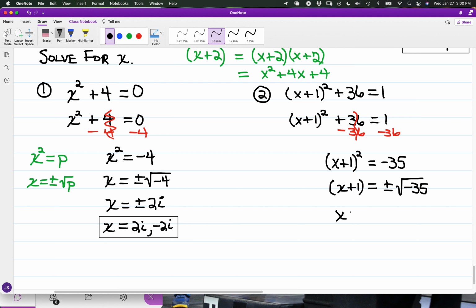Rewriting this set of complex terms along the lines of the variable i, we have plus or minus the square root of 35 times i.